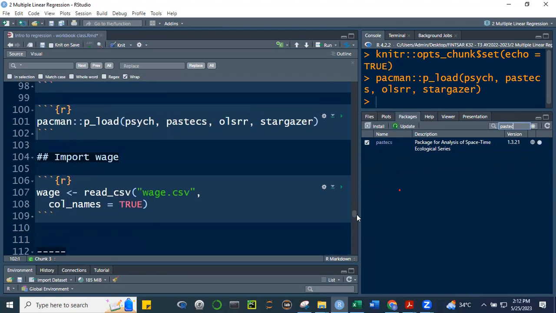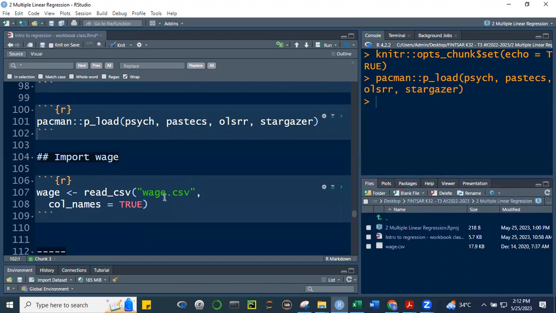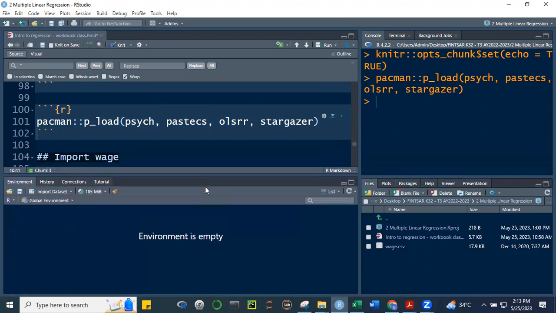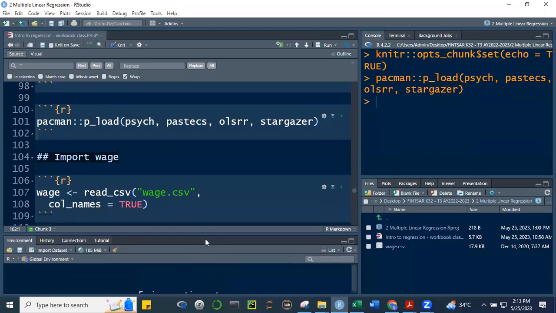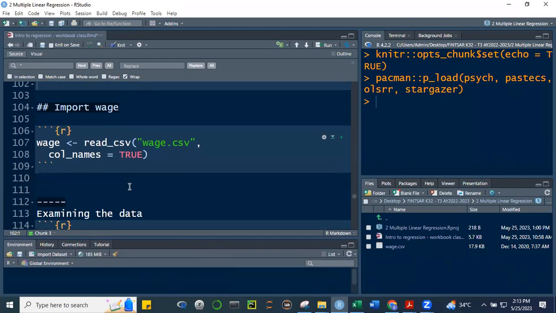Alright, so next meeting, gagamitin natin tong wage.csv na to. Okay, let's take a look at another function, ito. Okay, bakit? Kasi usually, pag hindi natin ginagamit yung working directory natin, if we're not using an R project, we will have to define the file location.